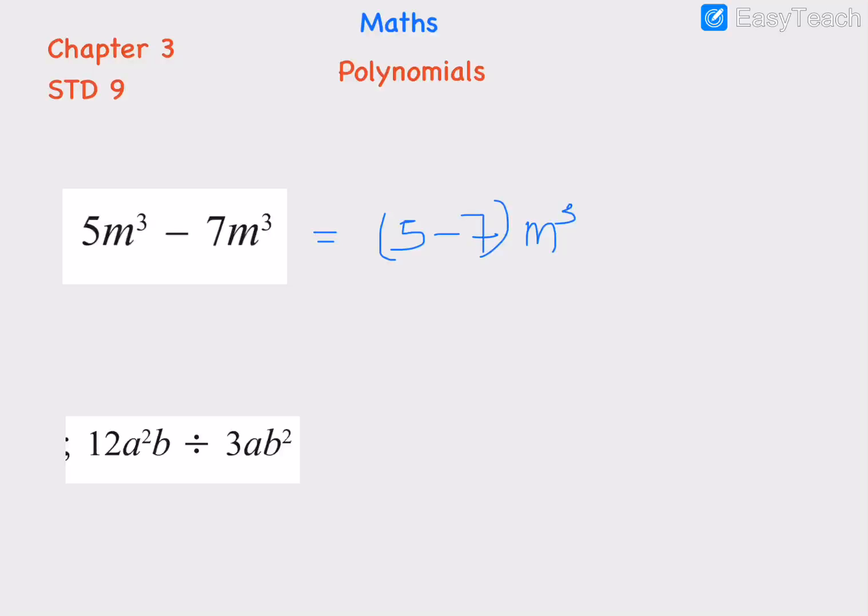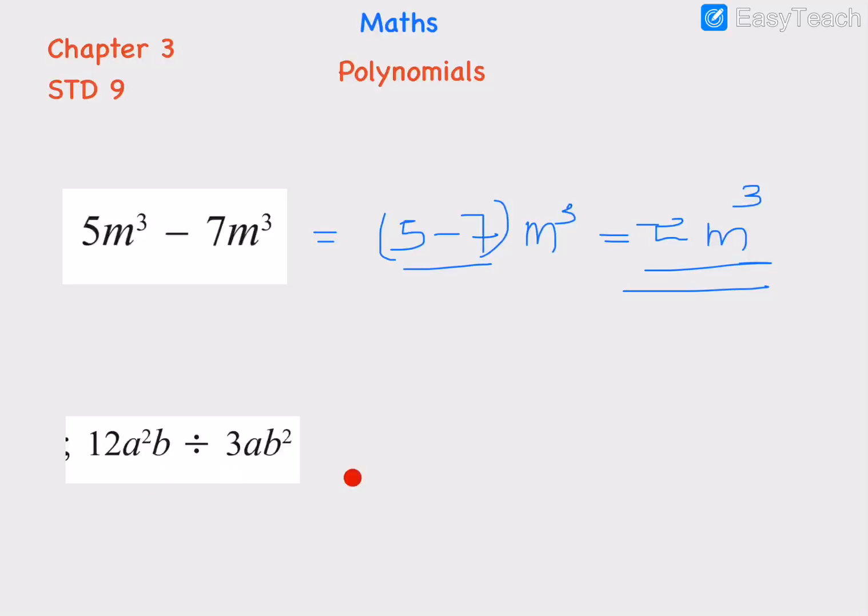We took 5 and minus 7 inside the bracket, and since m cube is common, m cube is placed outside the bracket. 5 minus 7 is negative 2, and m cube remains. So minus 2 m cube is the answer of 5m cube minus 7m cube.